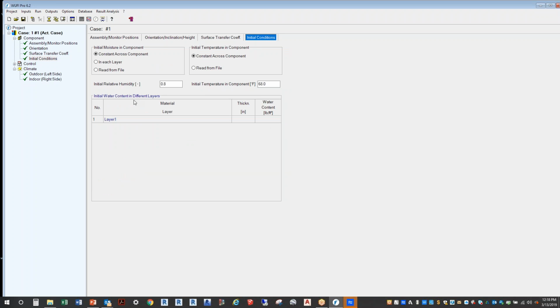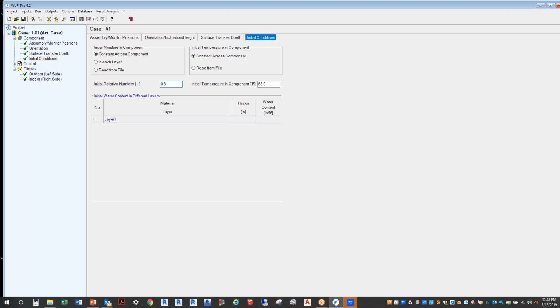Initial conditions. So this would be initial moisture in your components. How much moisture is in the components when they're installed. The default is a constant across the component, and we've got a relative humidity of 80%. Most plywood and absorbent materials that show up on a job site are going to have somewhere around 80% moisture content, because they're just out in the environment.